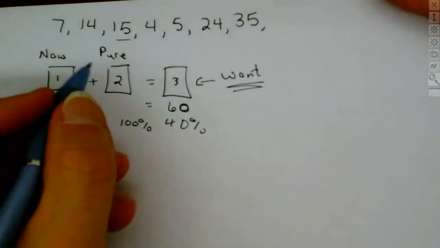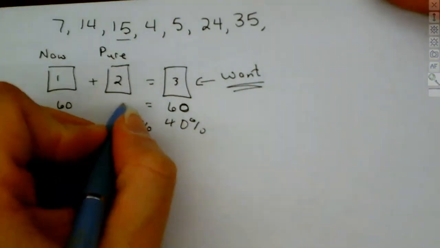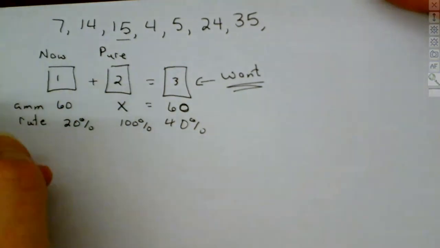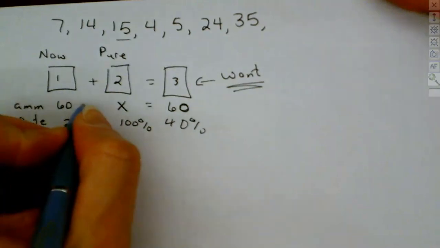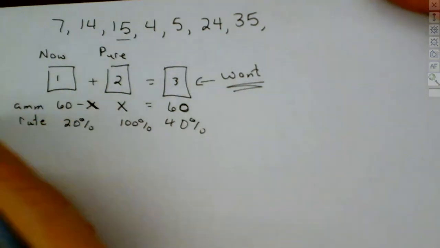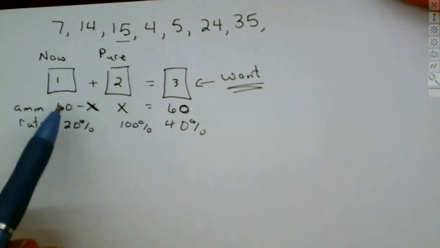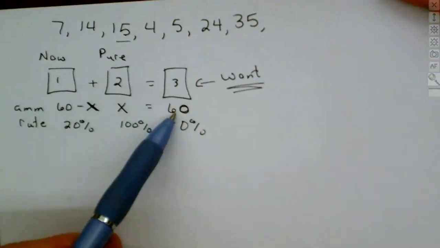Now, how much is the pure? Do we know? No, it's unknown, so I use an X. Now, I can't just add in more because it'll overflow. So whatever I add in, I have to also subtract off. That way the X's do what? Cancel, and you've got 60 equals now what?